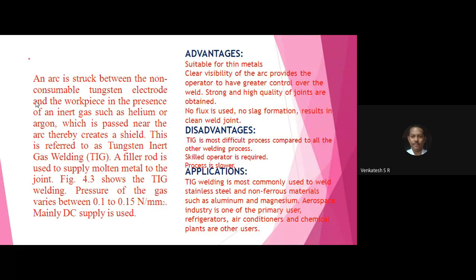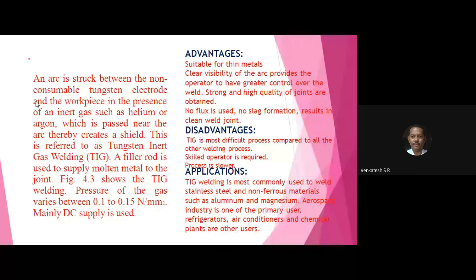As I told you, two types of transformers are available, single phase and three phase. Depending upon the thickness of the metal, you can use single phase or three phase. If the thickness is less than 30 millimeter, you can use single phase. If the thickness is more than 30 millimeter, you can go for three phase.